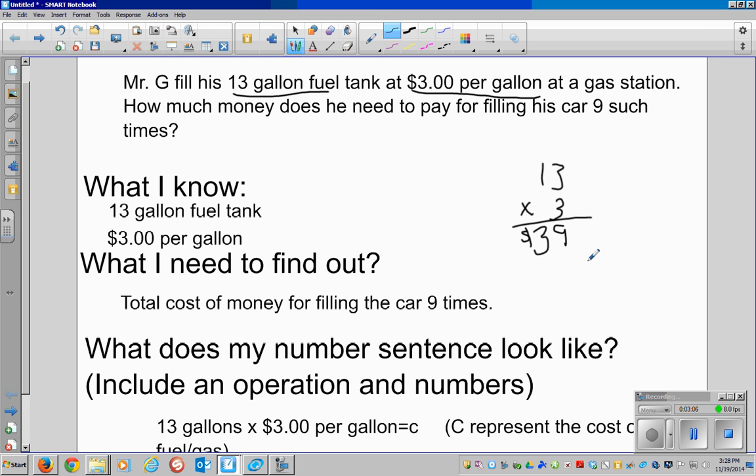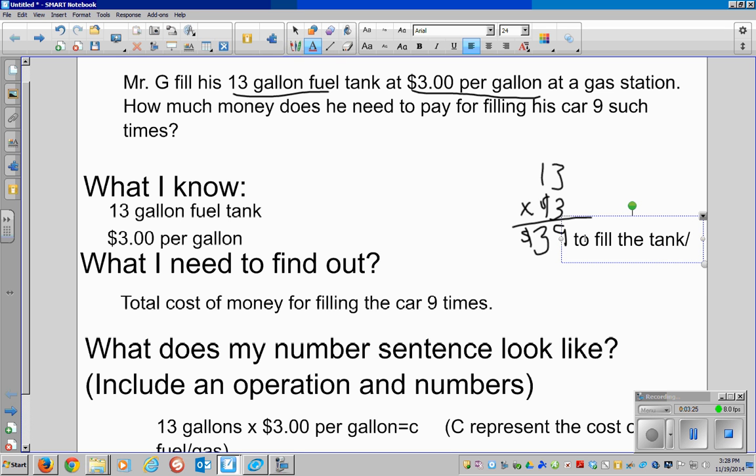That's the first part to solve this problem. So again, 13 gallons of fuel times $3 is equal to $39. It's $39 to fill the tank, or another way to think of it is the cost of a full tank of gas, right?